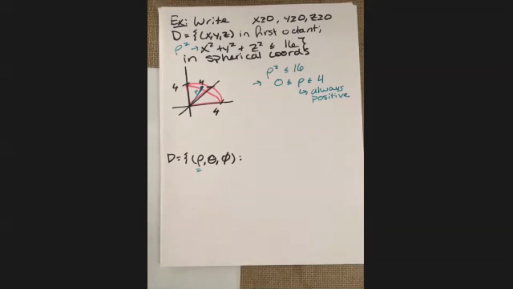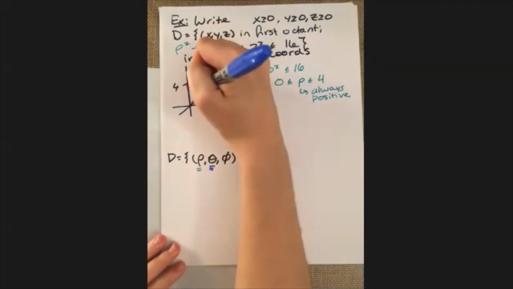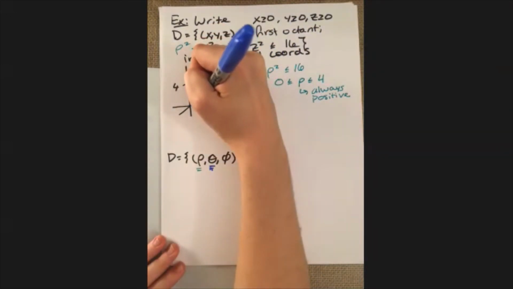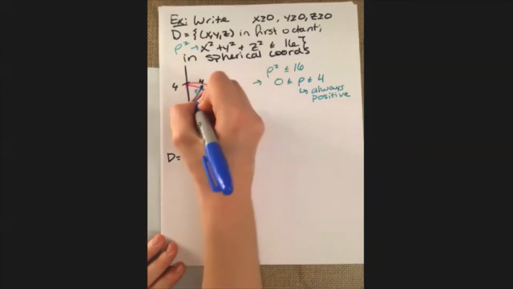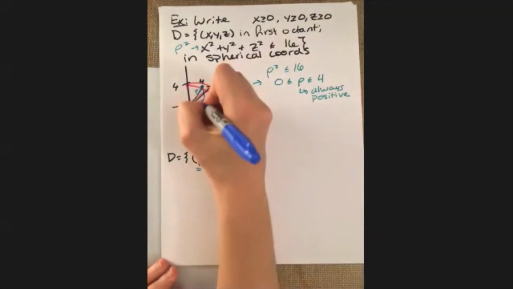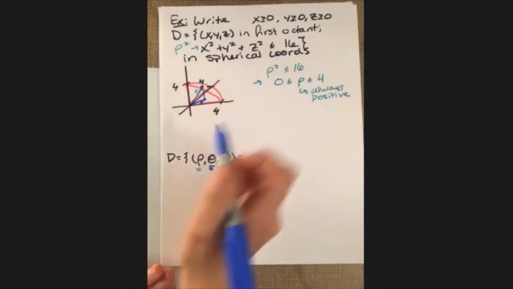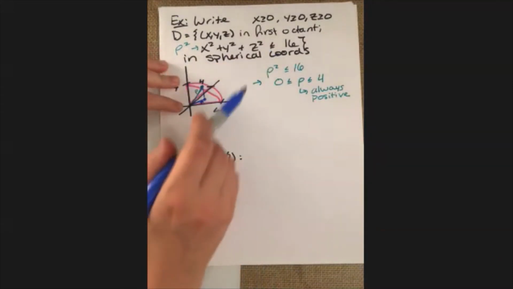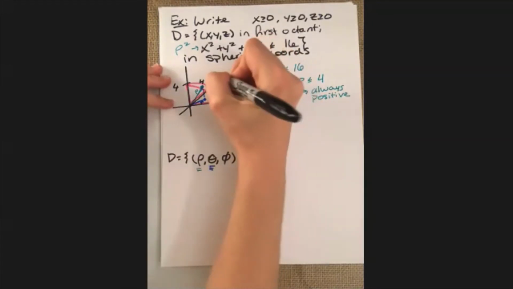Now we want to work with theta. Remember that theta is, if we project our little point down onto the xy plane, it plays the exact same role as theta in cylindrical and polar coordinates. It really just tells you how much of the xy plane we are going to take up.